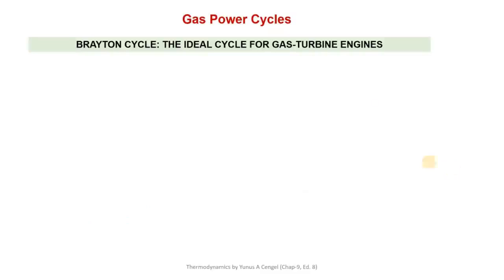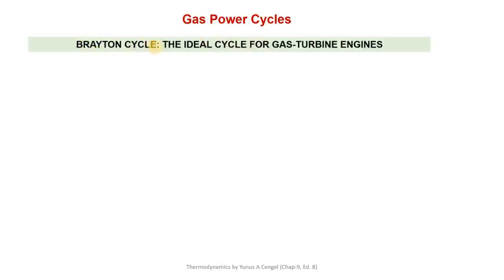So let's go back. Just like in steam power plant, the cycle which we studied was the Rankine cycle. Similarly, in gas power cycle, the cycle which describes the working principle of a gas power cycle is known as the Brayton cycle.